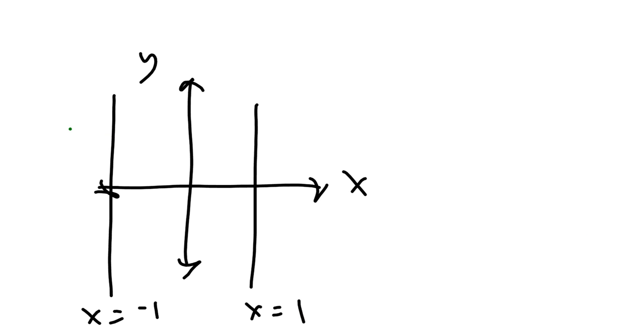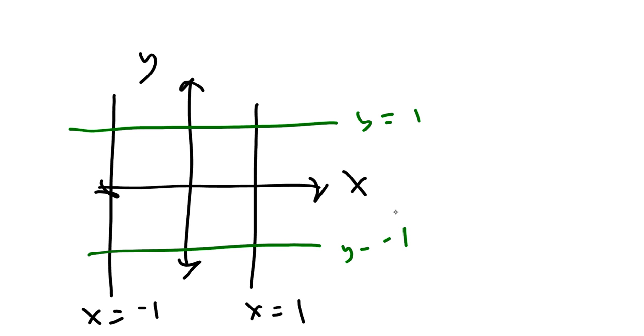So here's y equals 1, y equals negative 1. And so you'd have this square region, this rectangular region. And that's very easy to describe in the rectangular coordinate world.